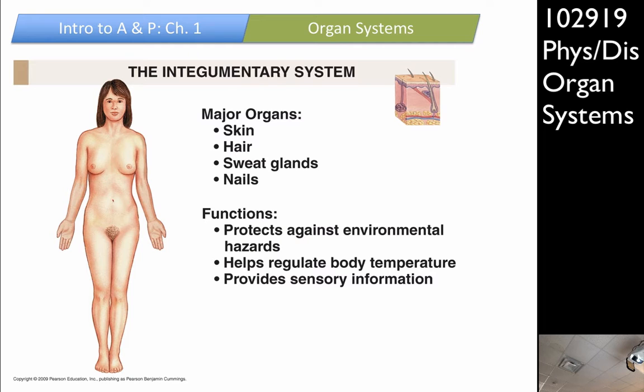It protects you from constant assault from all sorts of pathogens, meaning bacteria, viruses, fungi, parasites, and prions. Those are the 5 big categories of pathogens.